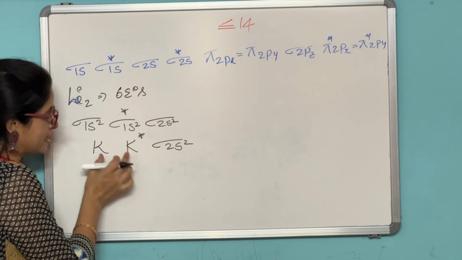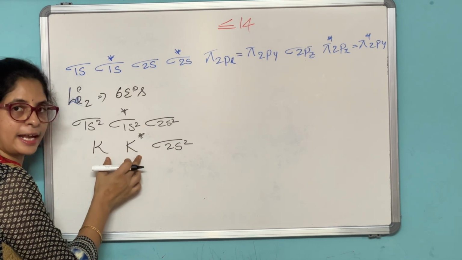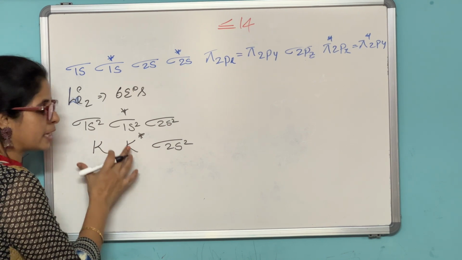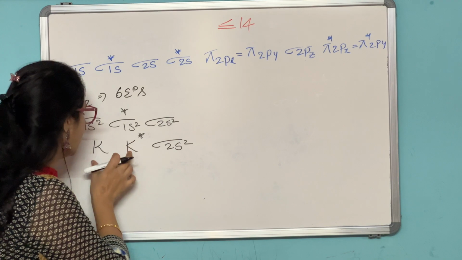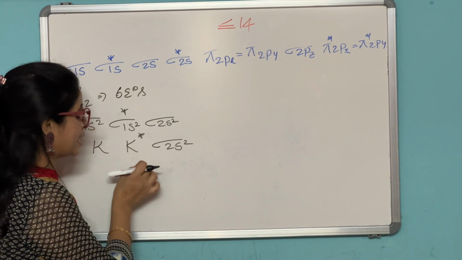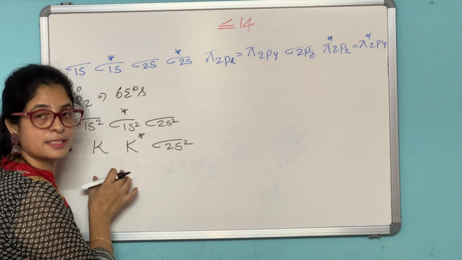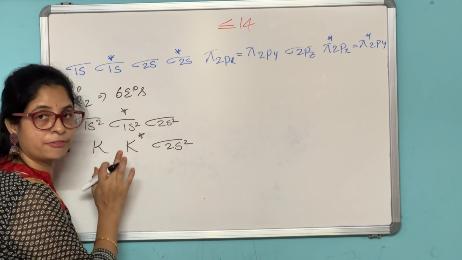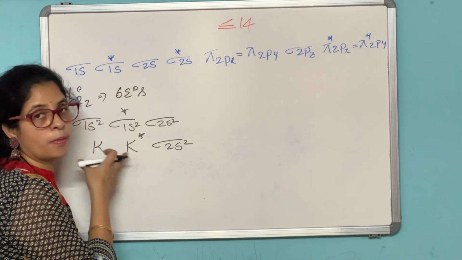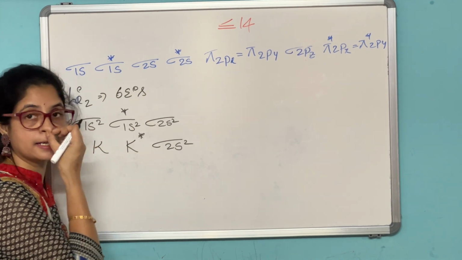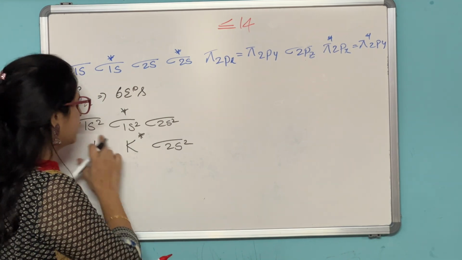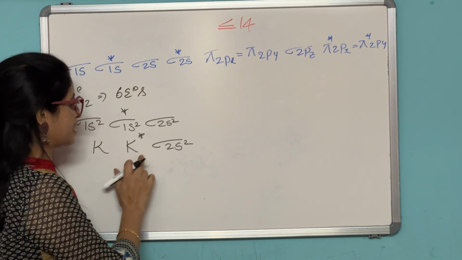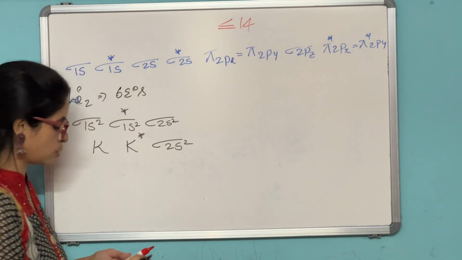If K and K star are written, these K shells are completely filled, and these can be omitted while representing the energy level diagram. Got my point?